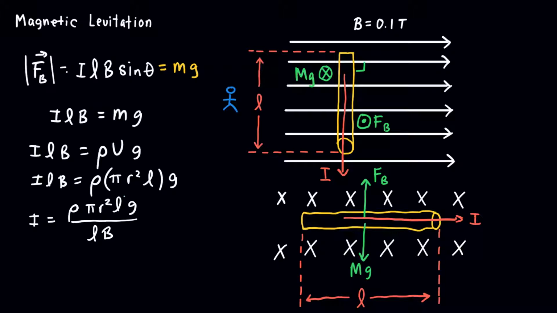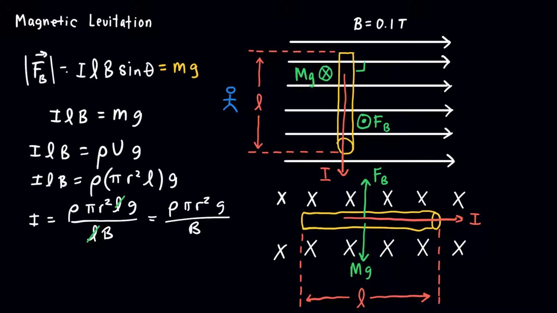The length of that wire is on the top and the bottom, so it cancels out, and what we're left with is rho pi r squared G divided by B. This expression is the minimum current we would need to levitate this wire. The only things I need to know are the density of the material that makes up the wire, the radius of the wire, the acceleration due to gravity, and the strength of the magnetic field.